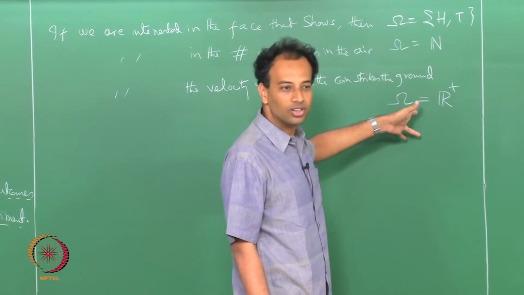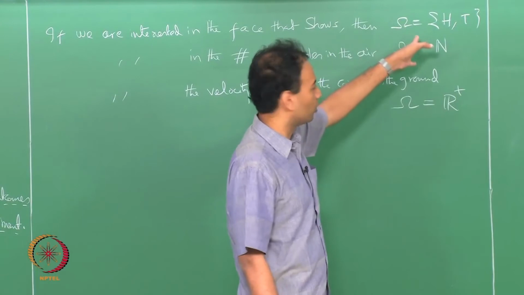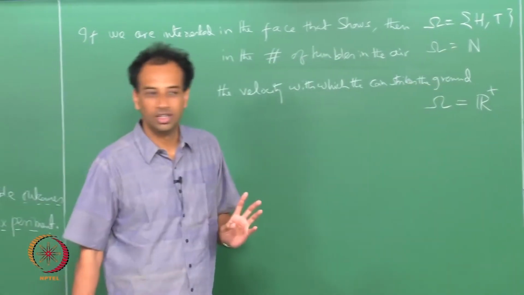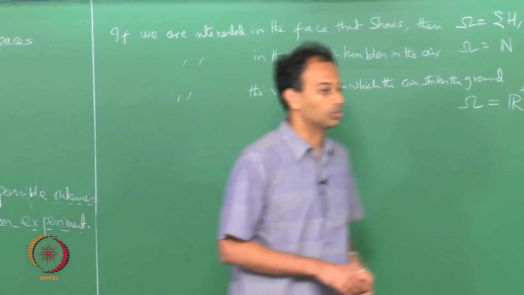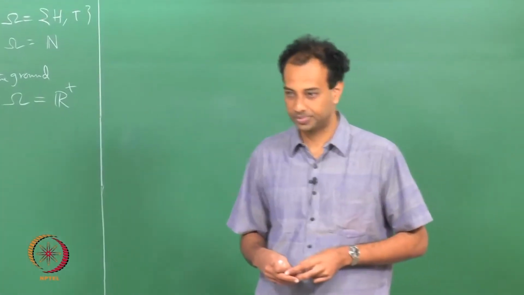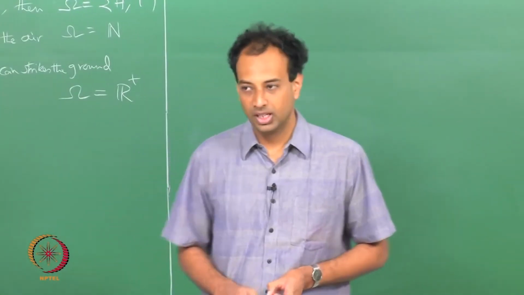You could have an omega which is finite, countably infinite, or uncountable. All this is possible depending on what you are interested in looking at.